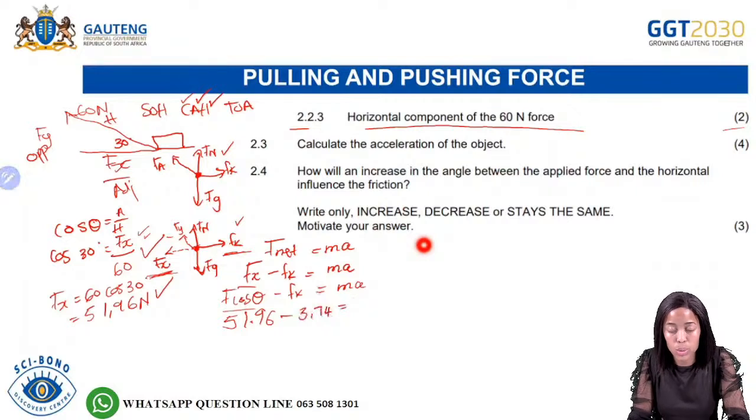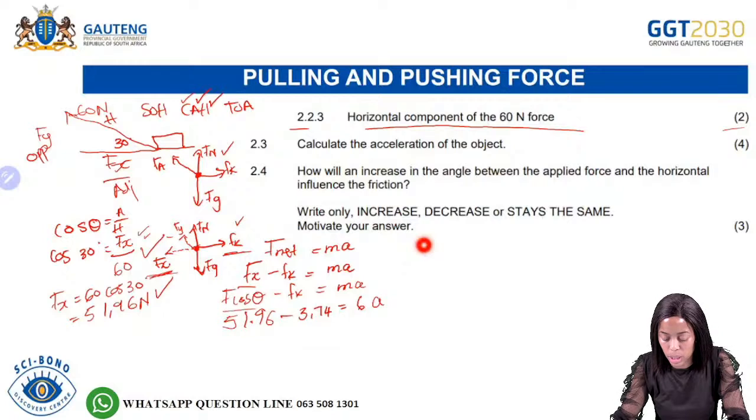So 3,74 is equal to, we had the mass was given, it was what? It was 6 kilograms multiplied by what? Multiplied by the acceleration. So the question said we need to calculate what? The acceleration of the object. So from there, you can just use your calculator. You subtract with the what?